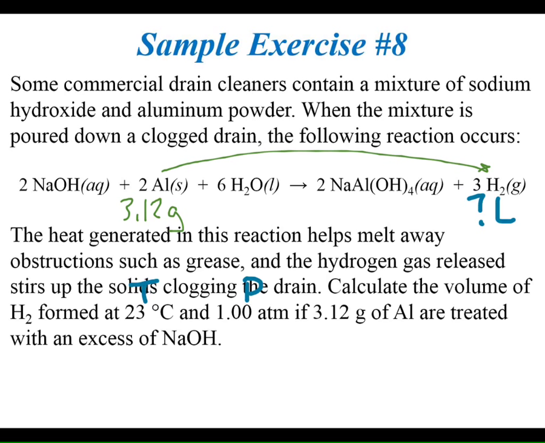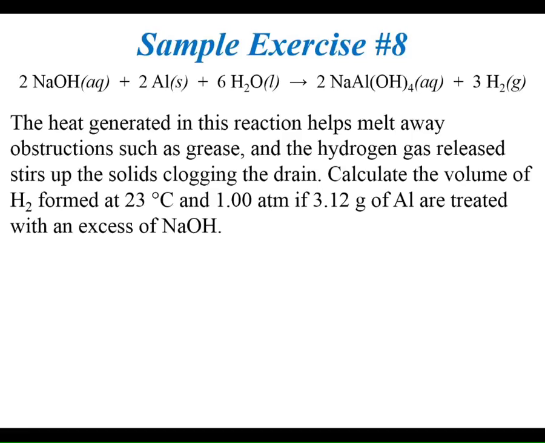For every 2 moles of aluminum, I'm going to make 3 moles of hydrogen. So that'll be my moles. Then I'll have my N, my T, and my P. I can find my V. So we can predict how much hydrogen gas will come bubbling out of your toilet. So let's do this. I'm going to go to my next slide here. You don't have to write it down. It's also on here. I wrote it up here again.